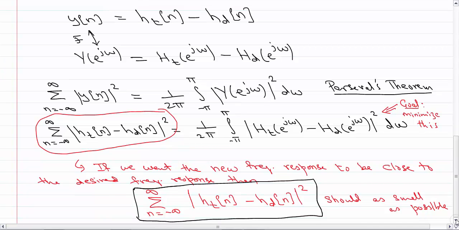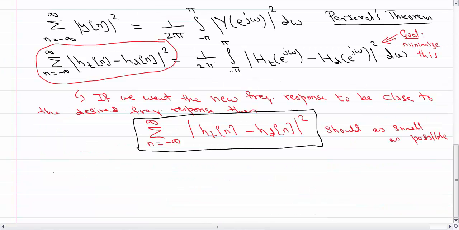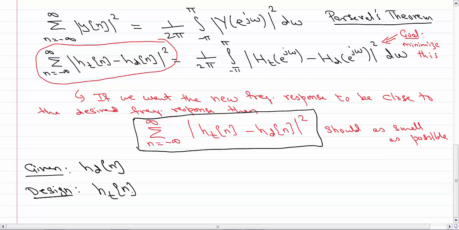Now, we are given h_d[n], and we want to design h_t[n]. The smallest I can make this sum is 0, but of course that requires that h_t[n] is equal to h_d[n], which means my new impulse response is not a finite impulse response.